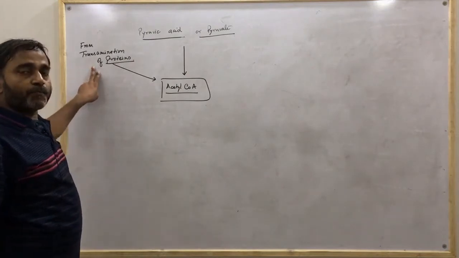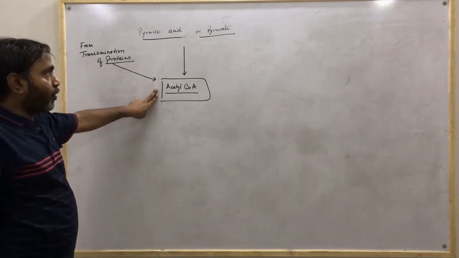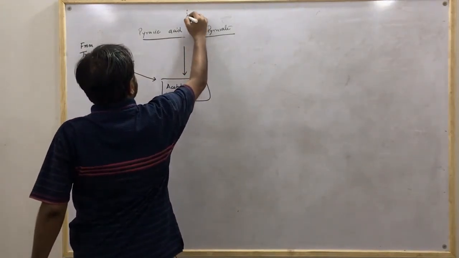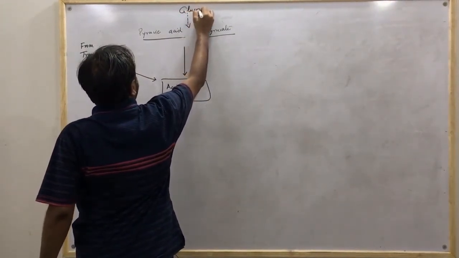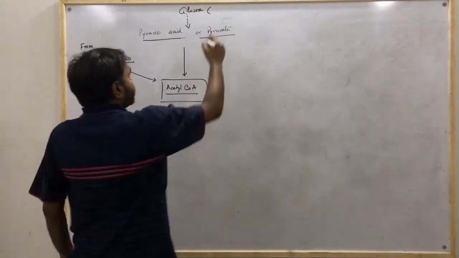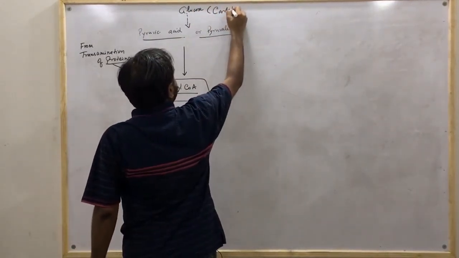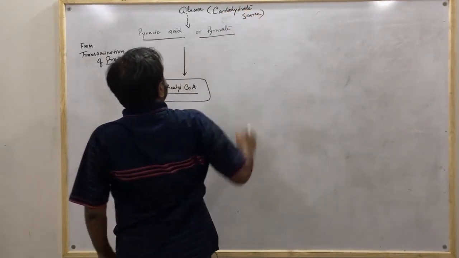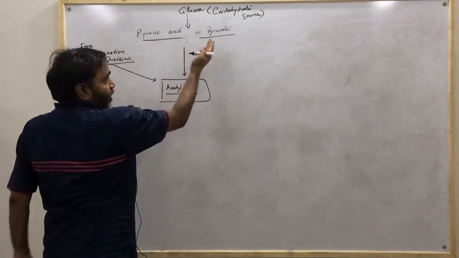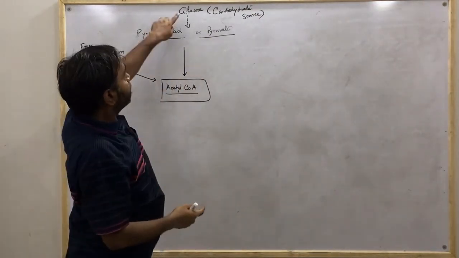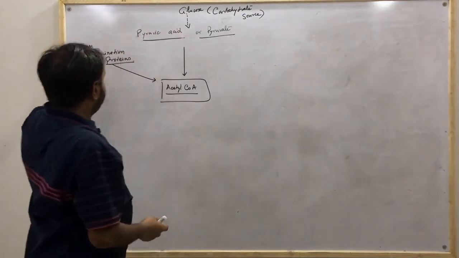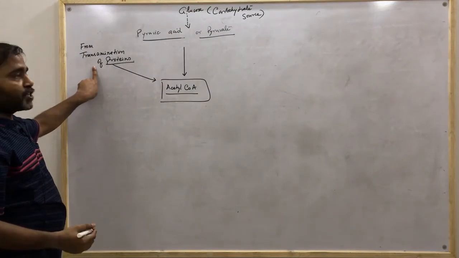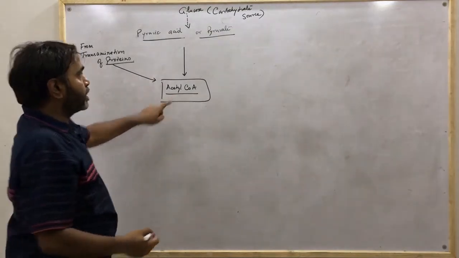From the transamination of proteins, acetyl-CoA can be formed, and pyruvic acid is already coming from glucose, that is, from the carbohydrate source. Here we can see that from proteins, by the process of transamination, acetyl-CoA can be formed.